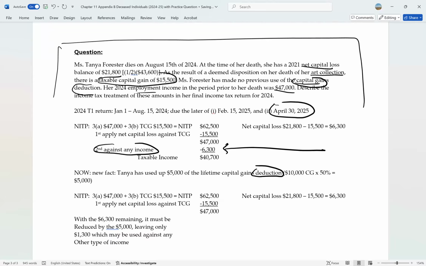So what they're saying is that if you've used up some of this lifetime capital gains deduction to not pay tax on the sale of certain shares where you have this capital gain, so you basically got a tax break by using up this 5,000, then that's going to limit the amount of this net capital loss that you can apply against any other income.